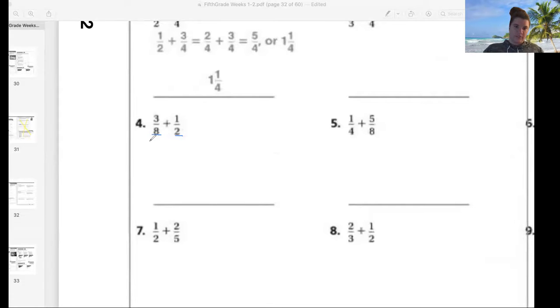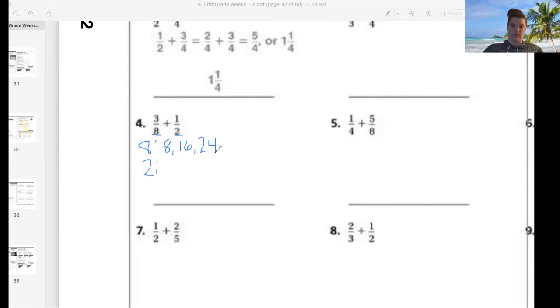So you're gonna do 8 and 2, and then you're gonna list the multiples of both of those numbers. So for 8, we would have 8, 16, 24.